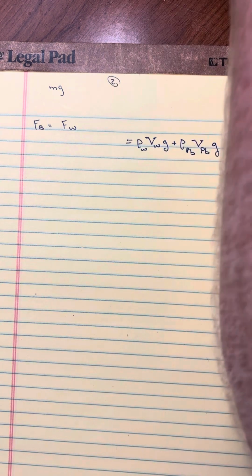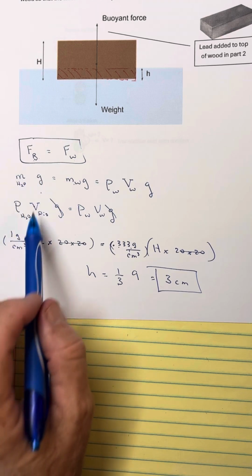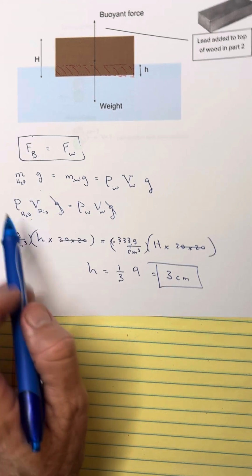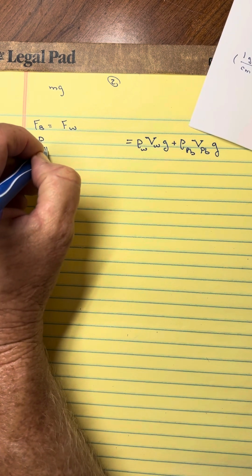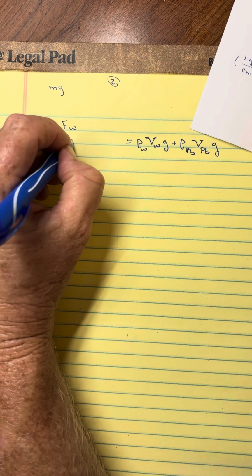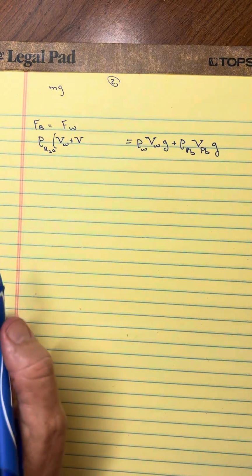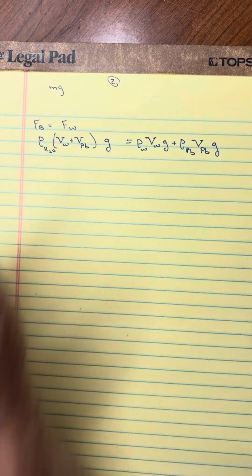And like we did in part 1, over here, the buoyant force is the weight of the displaced water. So it would be the density of the water times the volume displaced, which in this case would be both the wood and the lead, times g.